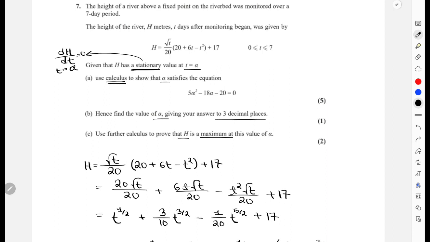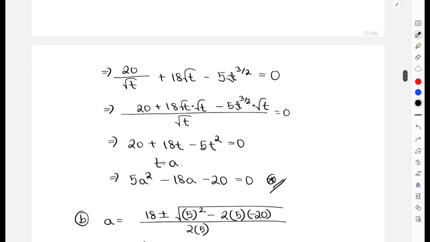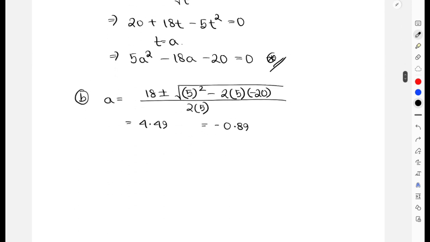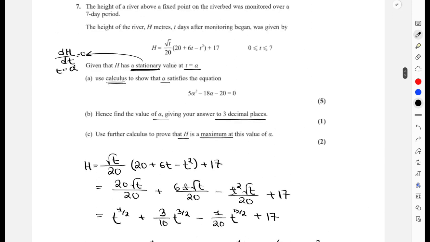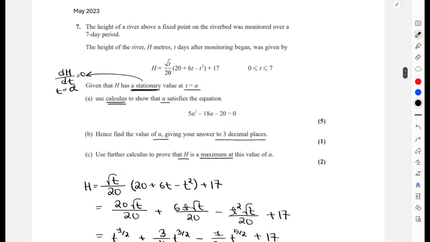At a maximum point I know the double differentiation should be negative. For example, the value for a you found out was 4.49, right? If you go back to your question, what does a represent?